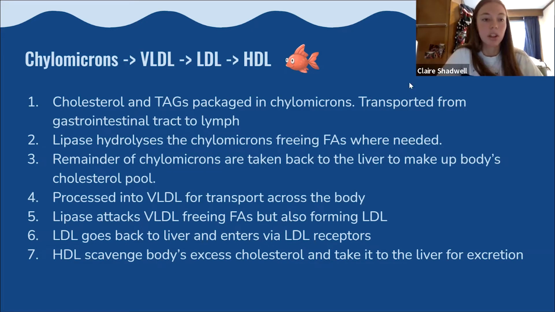And then you have the low density lipoproteins, and these are made in the blood and are a majority cholesterol. They transport cholesterol to tissues, and they're classed as the bad lipoproteins. This is because you'll learn a bit later down the track how cholesterol can lead to atherosclerosis. So you don't want a too high or a too low level of cholesterol.